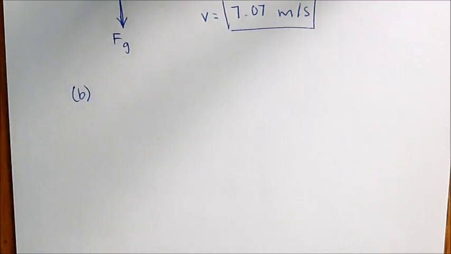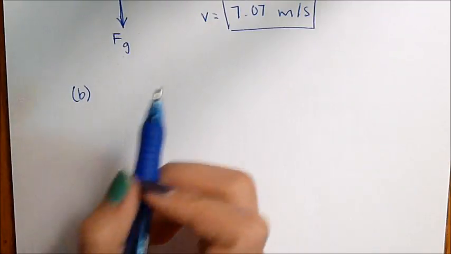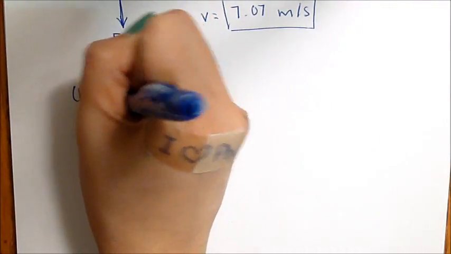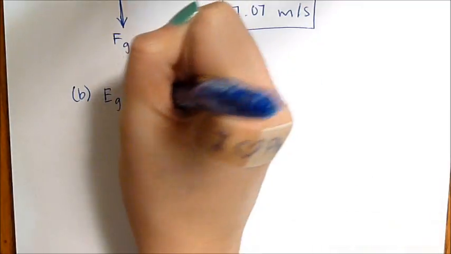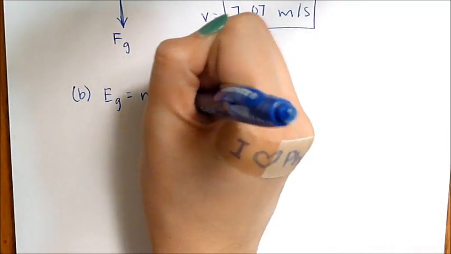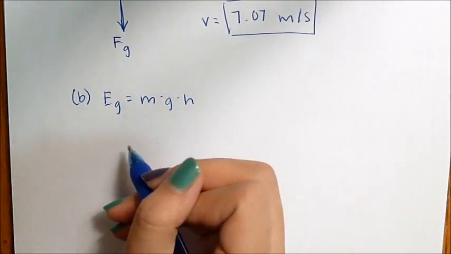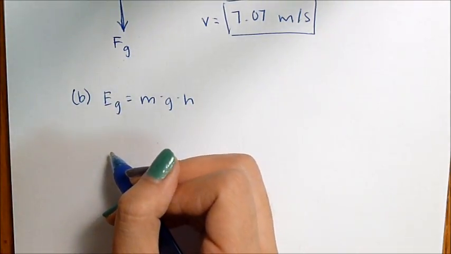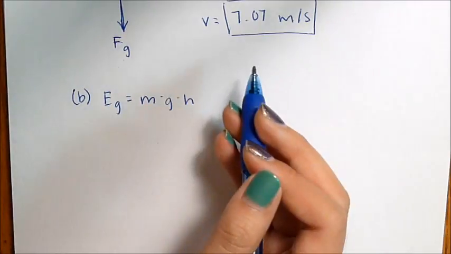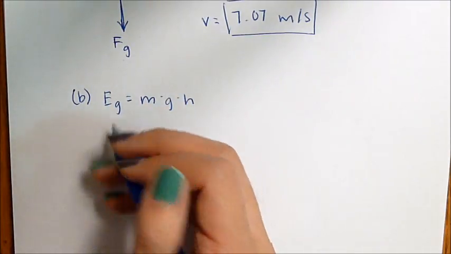Moving on to part B, you need to find the initial height that the car was. You can do that by finding gravitational energy, which is mass times gravity times height. But first you're going to find the total energy. So you want to find the total energy when it was at the top of the loop from the previous problem.